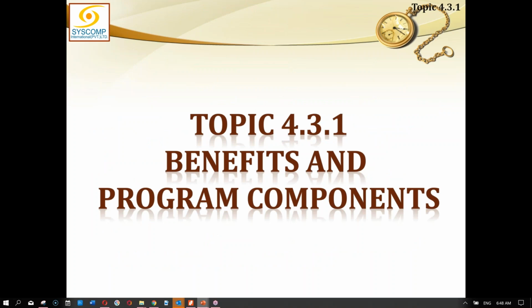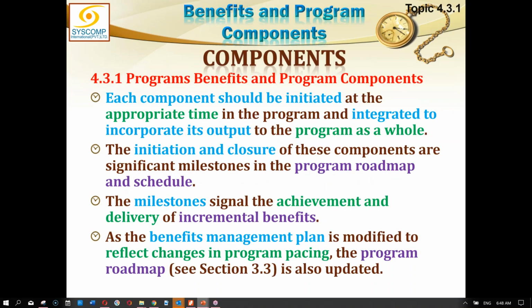Then there are program benefits and program components. Each component should be initiated at the appropriate time in the program and integrated to incorporate its output to the program as a whole. The initiation and closure of these components are significant milestones in the program roadmap and schedule. So program roadmap gives you a kind of general outline how the benefits will be delivered, when the benefits will be delivered, and schedule is the detailed plan of delivery.